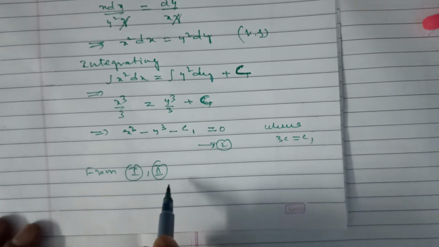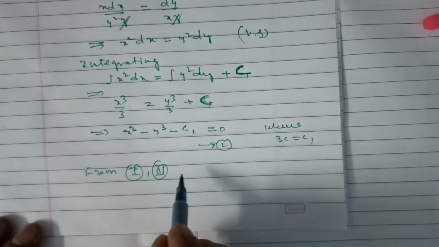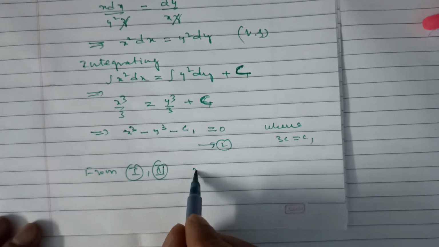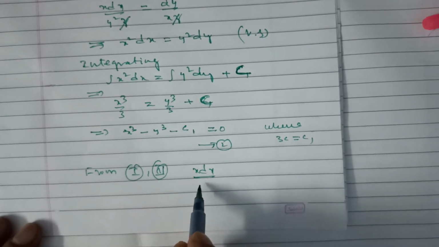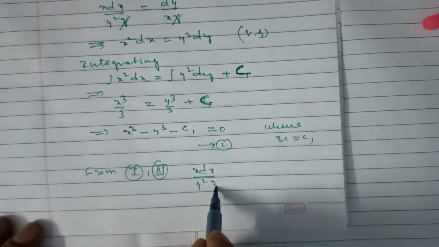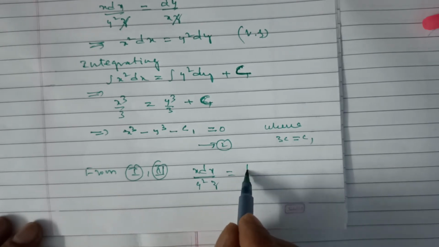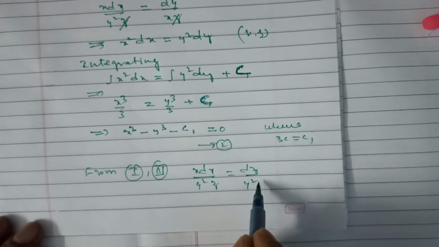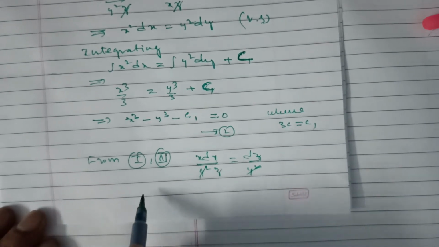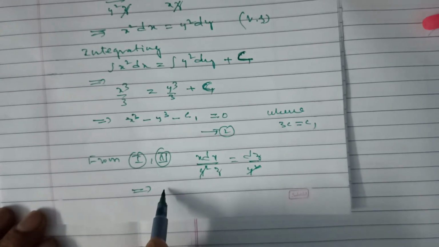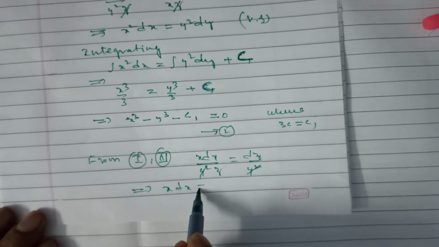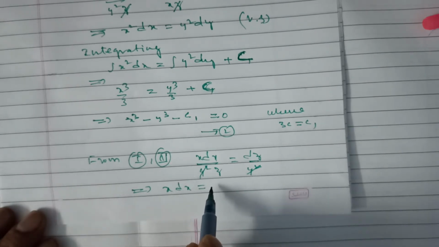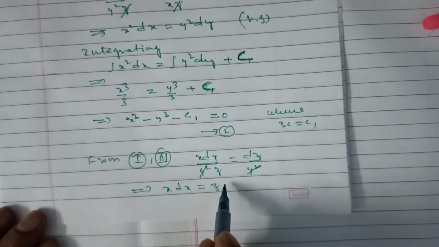So Roman 1, 3: x dx by y square z is equal to dz by y square. As y square is cancelled, implies x dx is equal to z dz.